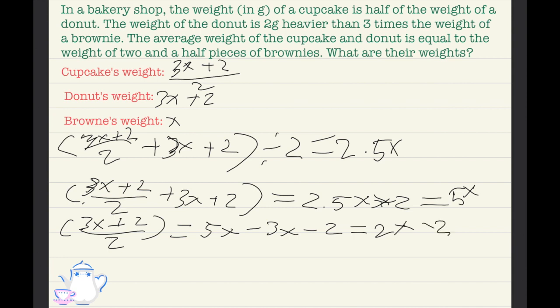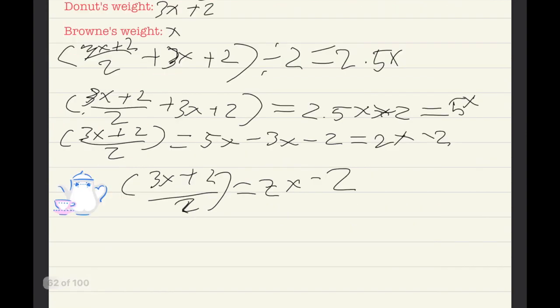We can now deal with the stuff inside brackets because these are really, really bad guys. So 3x plus 2, we can't do that. Let's just, I'm just going to write it down to help me think. If this equals 2x minus 2, we can get the divided by 2 over to the other side, so then that equals times 2.